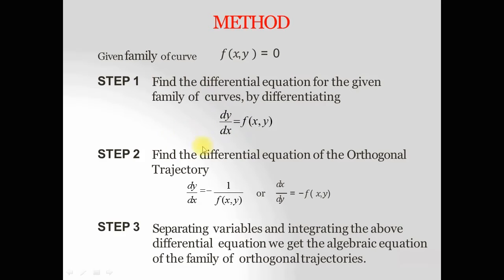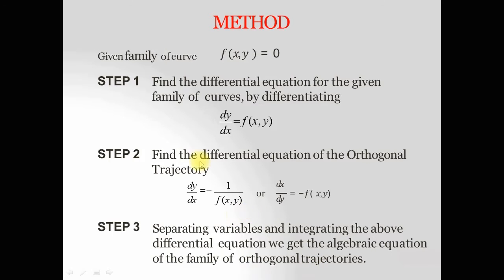So now find the differential equation of the orthogonal trajectory. The differential equation of the required orthogonal trajectory will be dy/dx = -1/f, or dx/dy = -f(x,y). Then by separating variables and taking the integral of this equation, we obtain the algebraic equation of the required family of orthogonal trajectories.